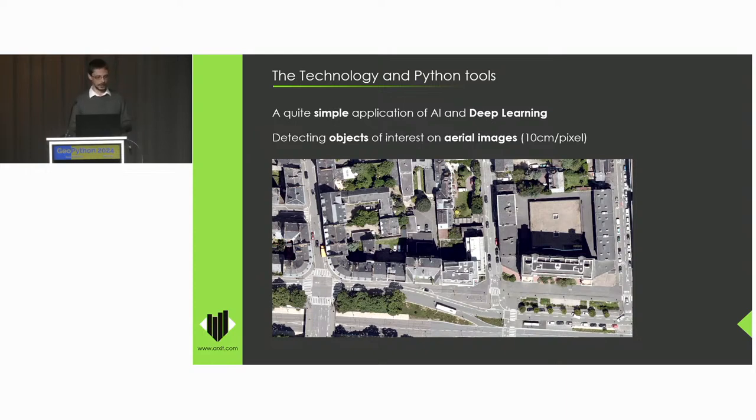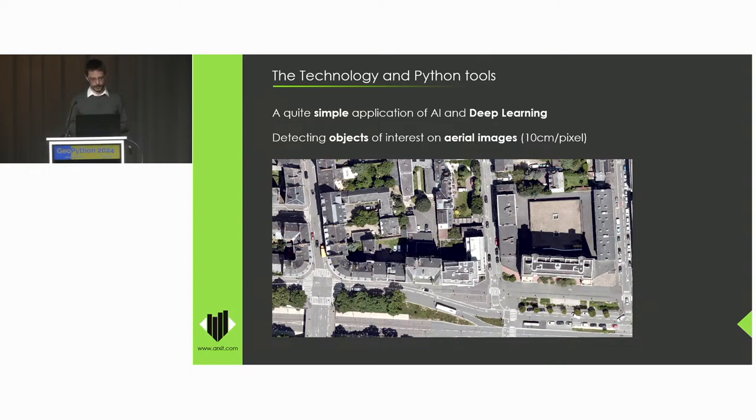We had the chance with the city of Rennes to have good quality aerial images, 10 centimeters per pixel, which we were able to use for this extraction task. It was quite nice data to work with because it was sufficiently precise to spot and see the parking spots clearly.